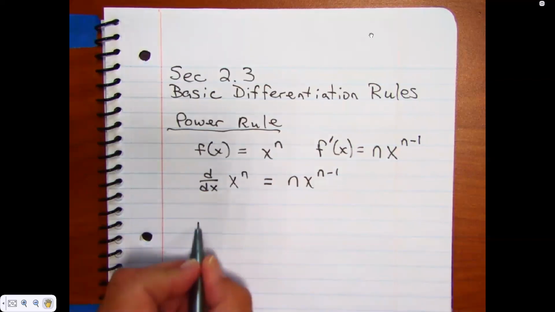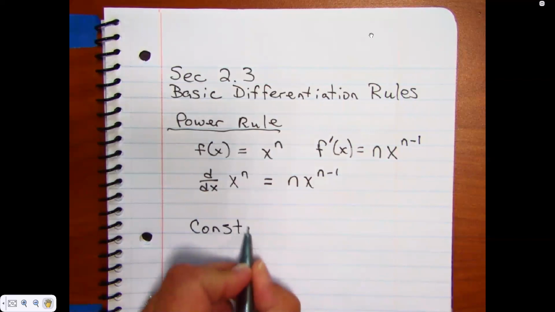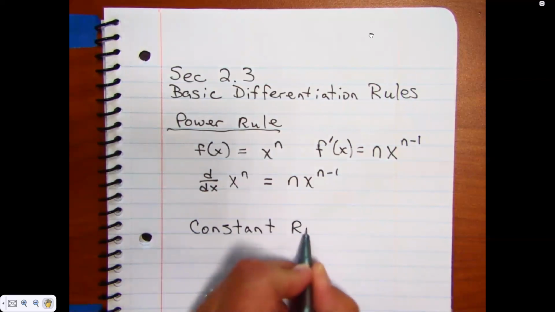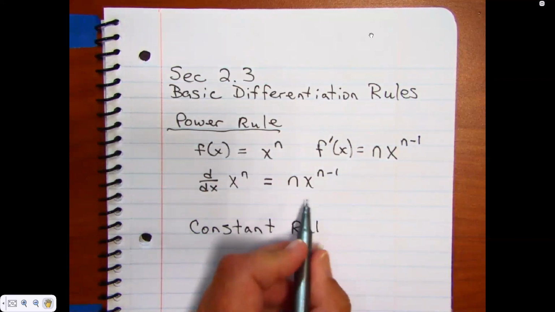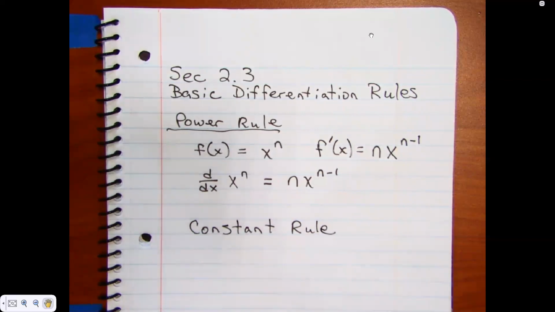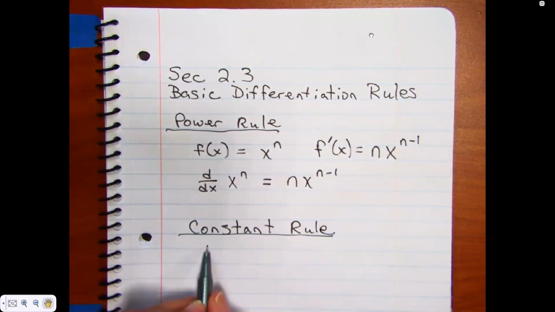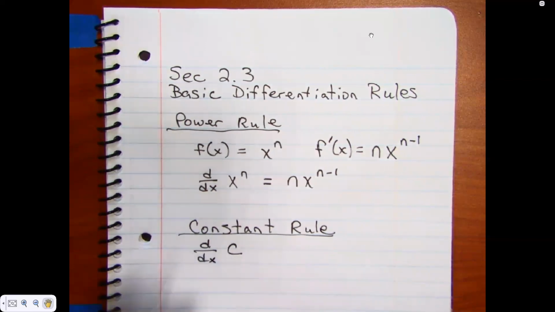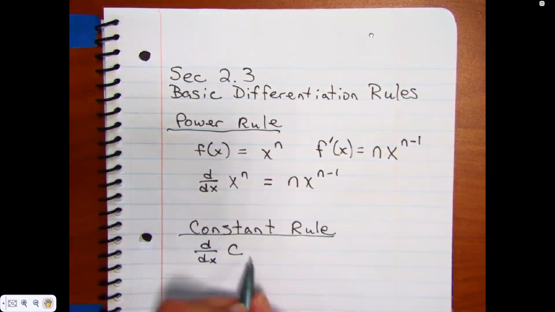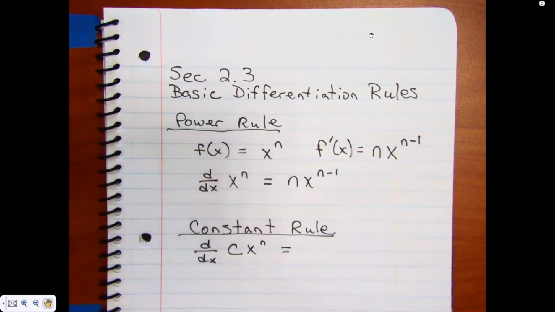This is called the constant rule. And that says, what happens if I want the derivative of a constant, a number c, times x to the n? It's the same thing. You're still going to hear me say roll it down, subtract 1.